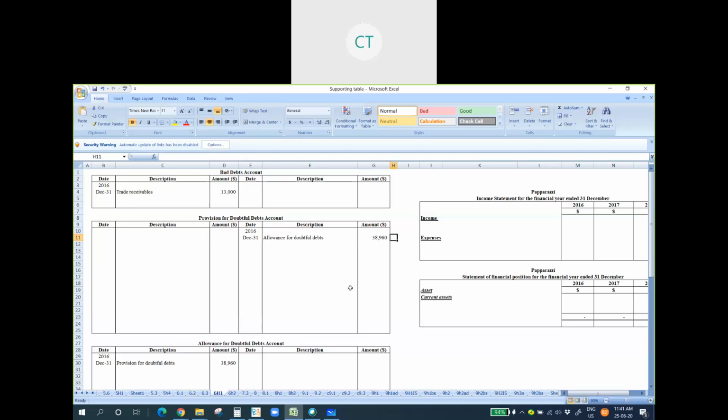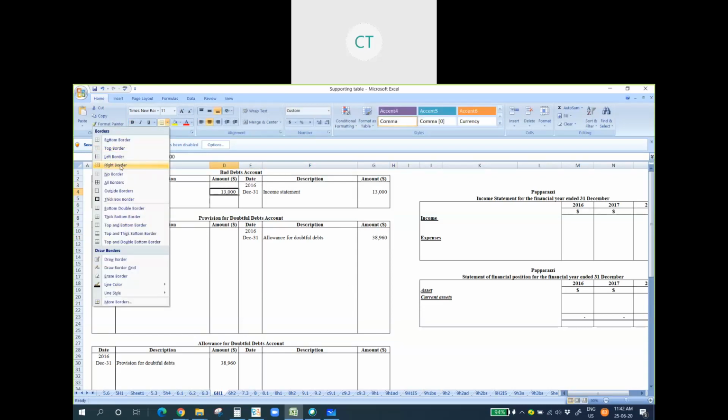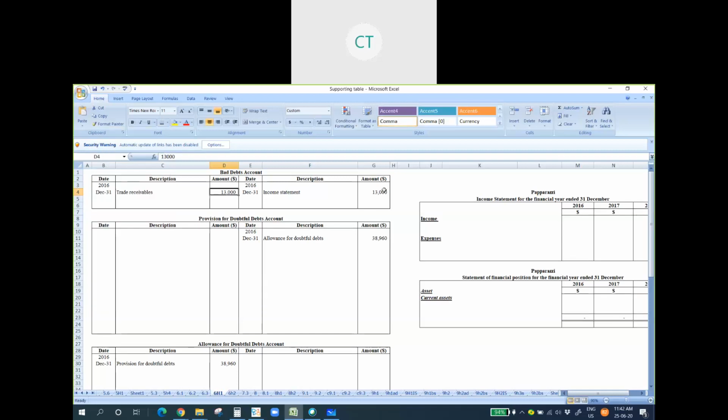After that, we can close the account. For bad debts, this is an expense of a company, so we transfer it to income statement. For the provision for doubtful debts, this is an asset but negative, so this amount we have to carry forward to next year.